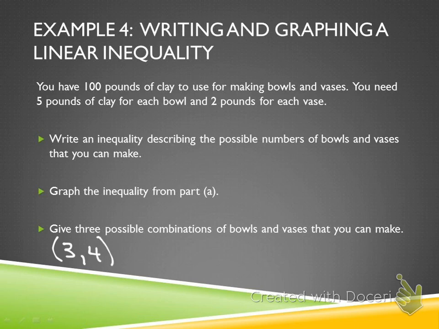So what did we determine was my x value? My bowls, right? So it would be 3 bowls, 4 vases. Does that make sense? It might not exactly match up, but that's basically what you're doing. You're going to pick 3 ordered pairs out of your solution, and you're just going to put a label to it, based on the values that you gave x and y.